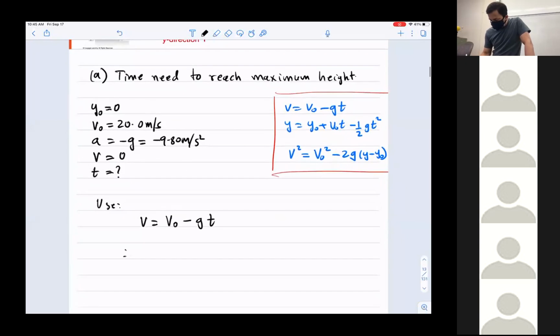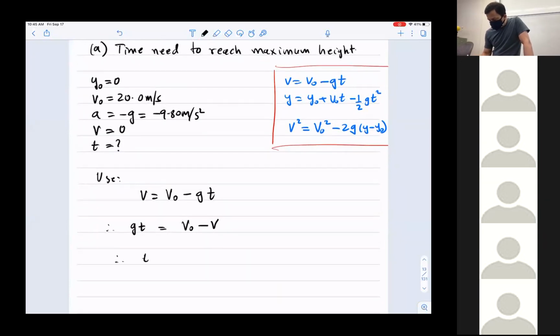And so therefore, I need to solve for time. Therefore, gt will equal v naught minus v. And therefore, t is equal to v naught minus v over g.